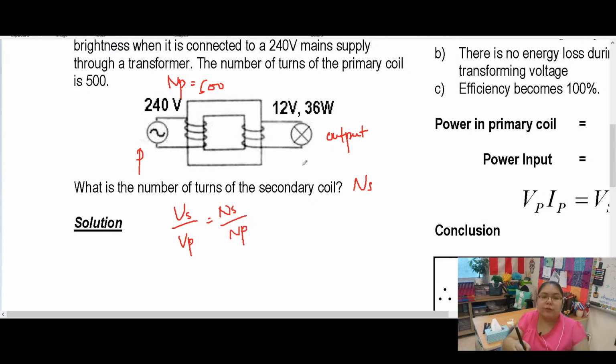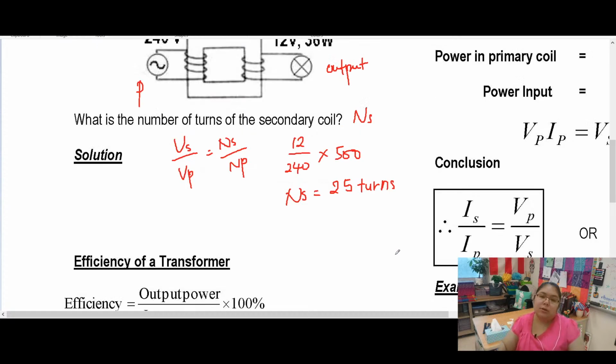Vs is how many? Vs, secondary, this one. 12 over 240, multiply by Np, Np is 500. So from here I find Ns, how many turns? I get 25 turns. The unit is turns. So this one is the answer.